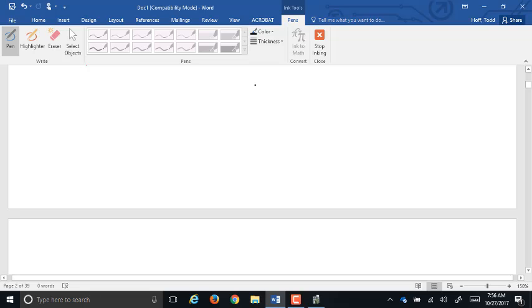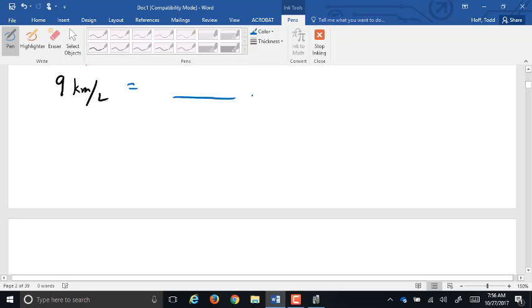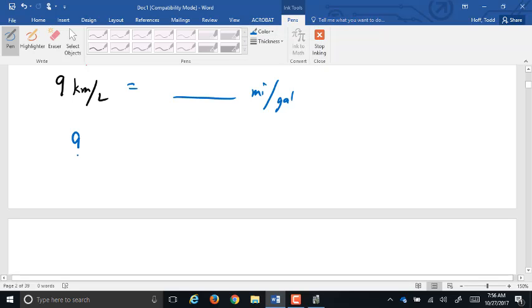Well, let's say you have a friend from Europe that tells you that they are getting a mileage in their car of 9 kilometers per liter. Is that good mileage? Let's compare that. Miles per gallon. So we've got 9 kilometers over 1 liter.